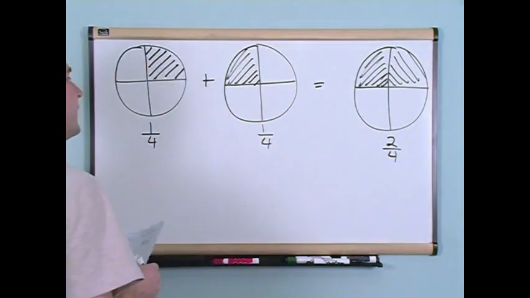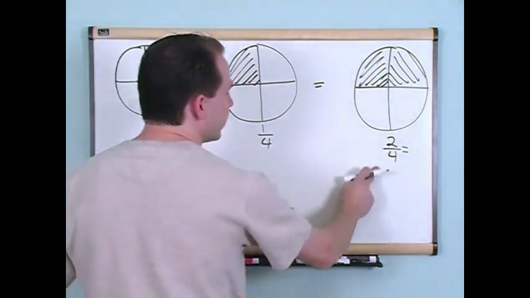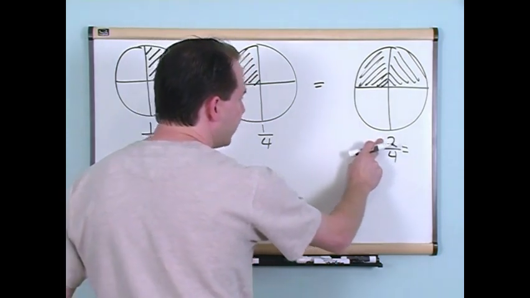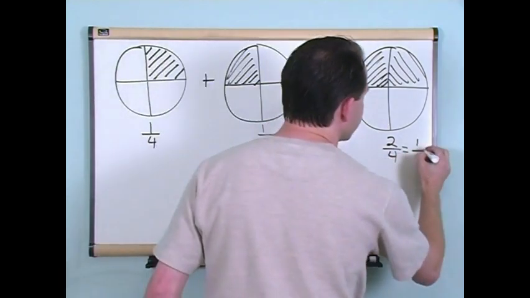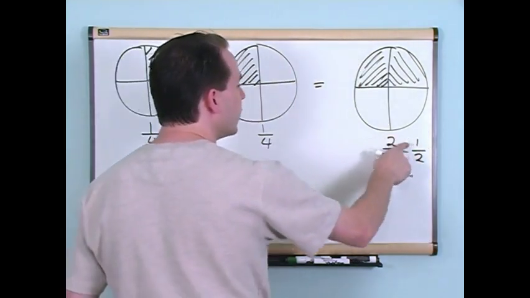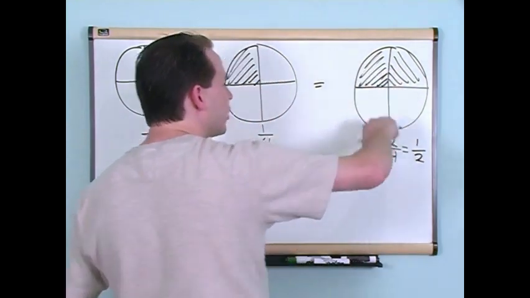Now don't forget, you can always simplify fractions, right? Don't forget how to simplify this. You can divide the top by 2, and that's going to give you 1, and you can divide the bottom by 2, and that's going to give you 2. 2 divided by 2 is 1. 4 divided by 2 is 2. So this is 1/2. And doesn't this look a whole lot like 1/2?